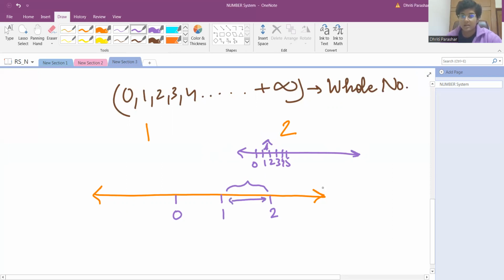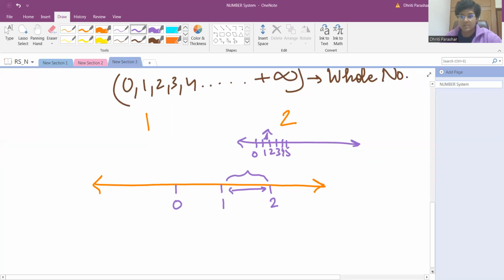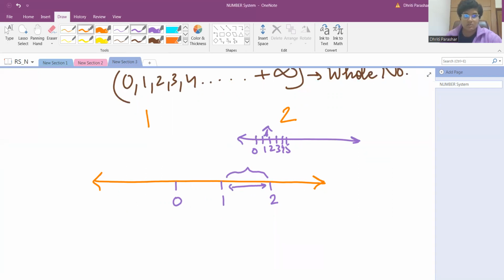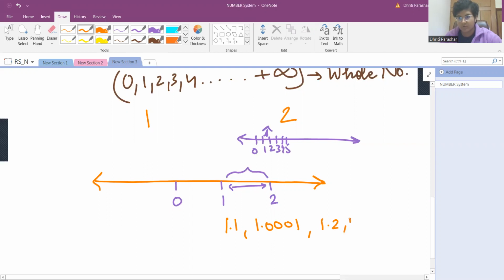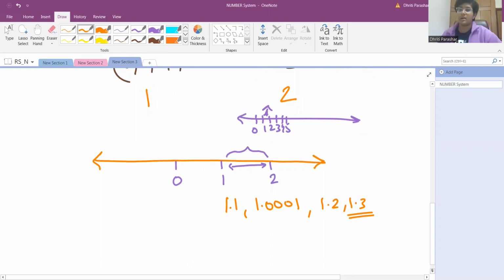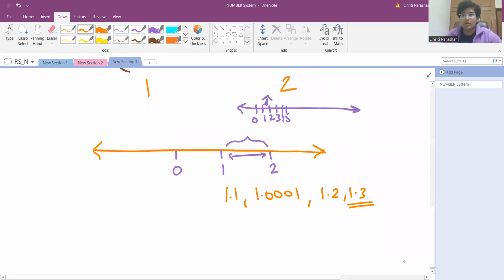What is that? You must have heard of decimal expressions. Expressions like 1.1, 1.0001, 1.2, 1.3. These are decimal numbers, right? But neither do they come under the category of whole numbers because they have this decimal here, nor natural numbers, right?